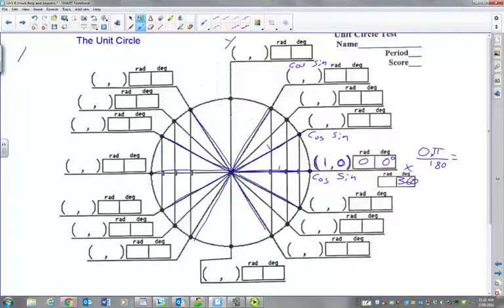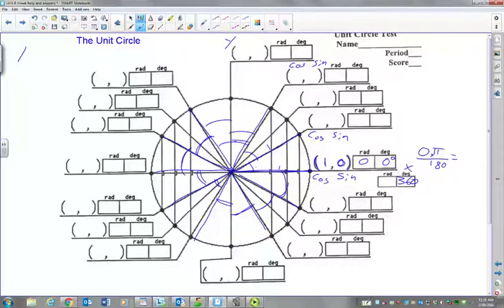Let's see how many there are. 1, 2, 3, 4, 5, 6, 7, 8, 9, 10, 11. I think there should actually be 12. I think I'm missing one. Yeah. 1, 2, 3. Oh, 3, sorry. And then this is its own 4, 5, 6, 7, 8, 9, 10, 11, 12.